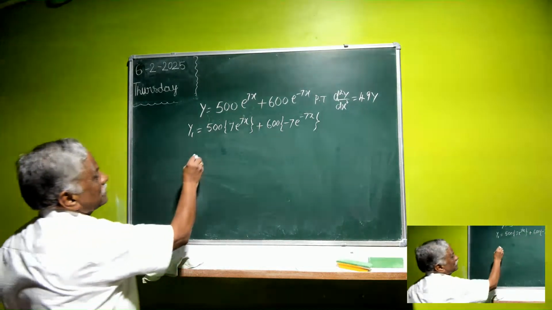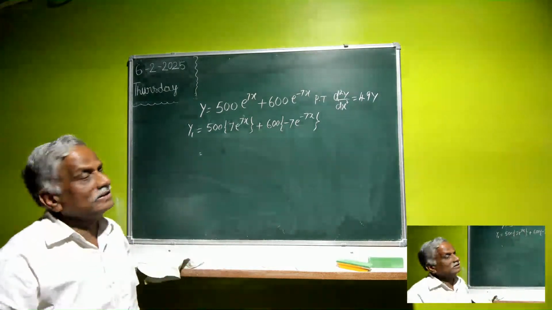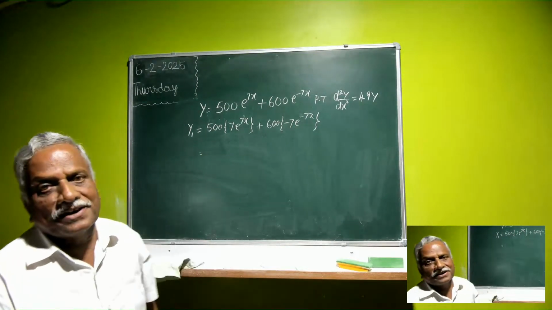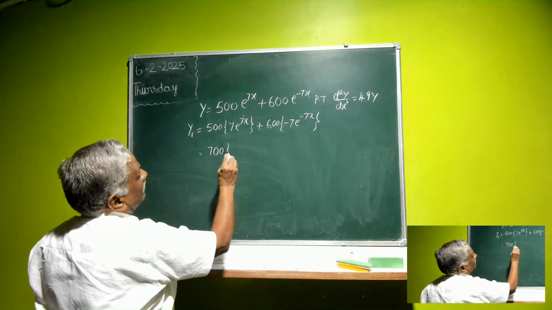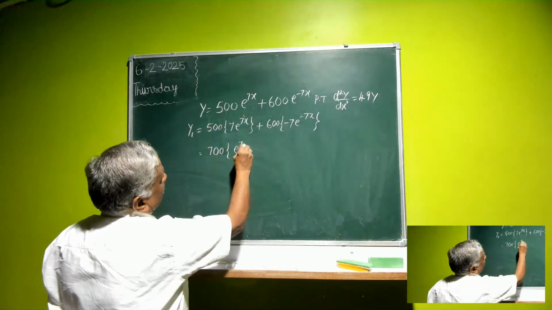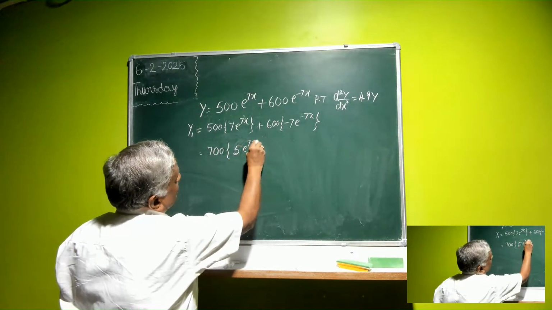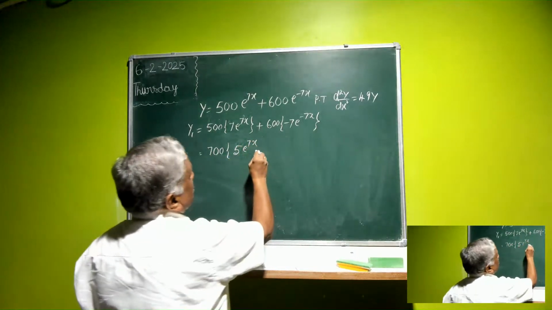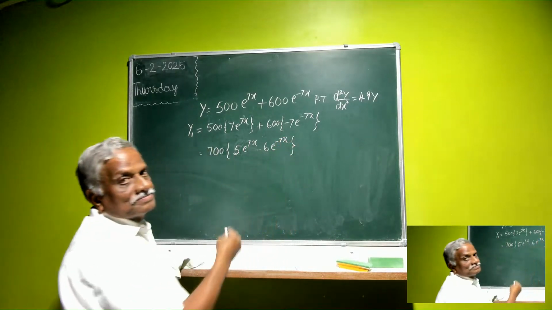So what we can do is, both have got 7, I can take 7 common, and both have got 100, so I will take 700 common. 5 e to the power of 7x minus 6 e to the power of minus 7x.